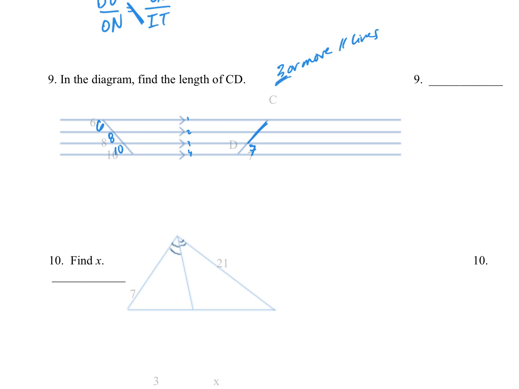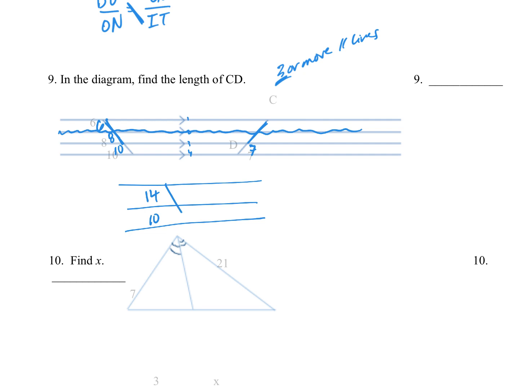So I really only need 3 of those. So I can kind of erase this number 2 here in the middle and think of it like 3 parallel lines, where the distance between the first 2 parallel lines is 14 and this one is 10, like that. And then over here, this distance is CD and this distance is 7.